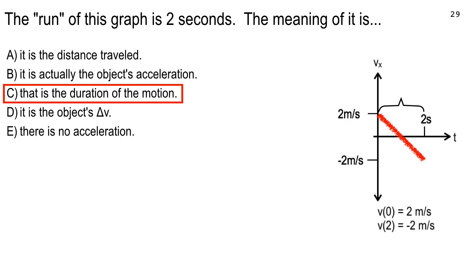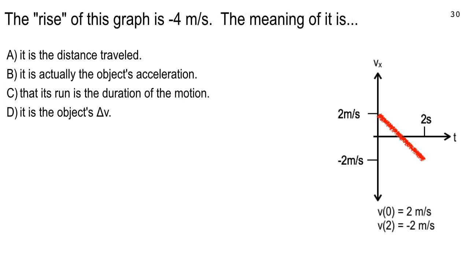And there is no acceleration. No, that is not true either, because the velocity is definitely changing. It's rightward velocity, then it stops, and then it starts going to the left. So make a note of it for the run. Now, next question. The rise.